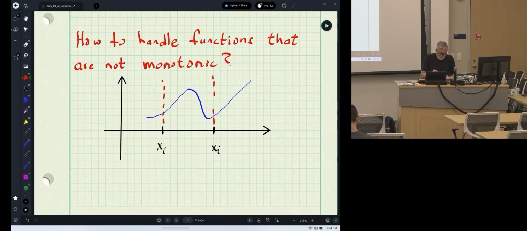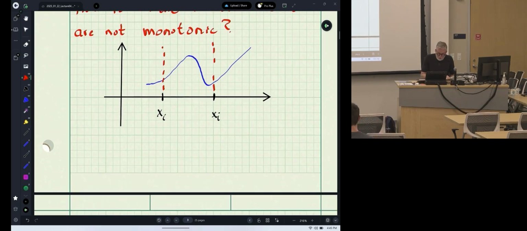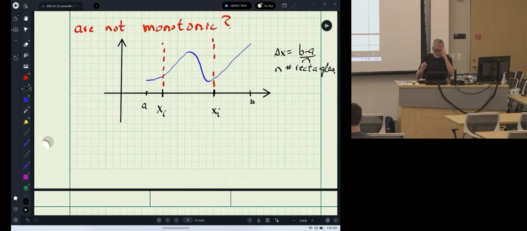Okay, so we want to calculate the area from say a to b. We've broken up the area into delta x equals (b minus a) over n, where n is the number of rectangles. We want to come up with a way to compute upper bounds and lower bounds.